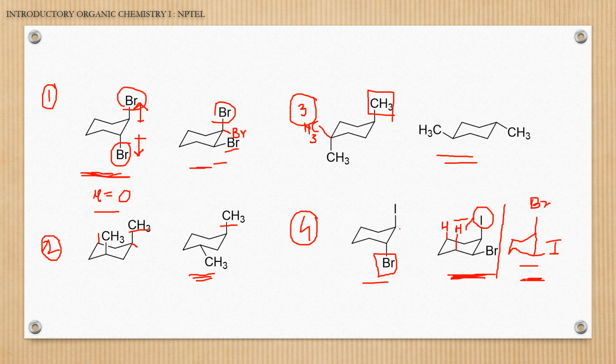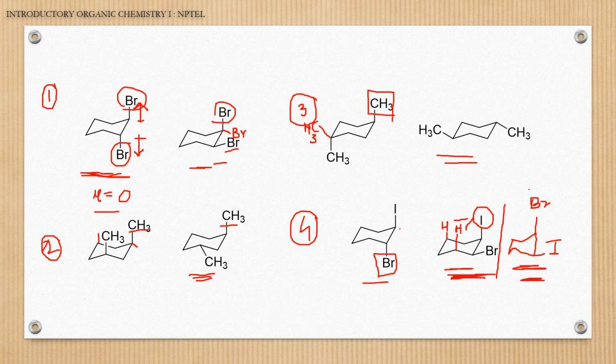It will prefer equatorial, because the C-I bond is longer and iodine has a higher atomic radius, which will lessen the 1,3 diaxial interaction. But here Br is facing higher 1,3 diaxial interaction. That is why this particular conformer is not that stable. Is it clear now?